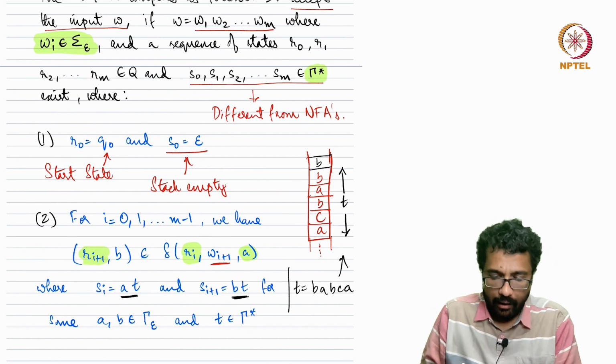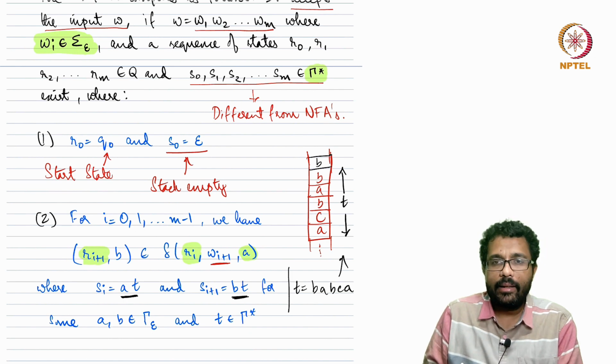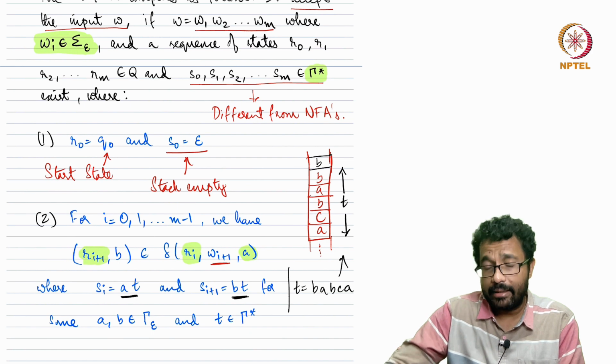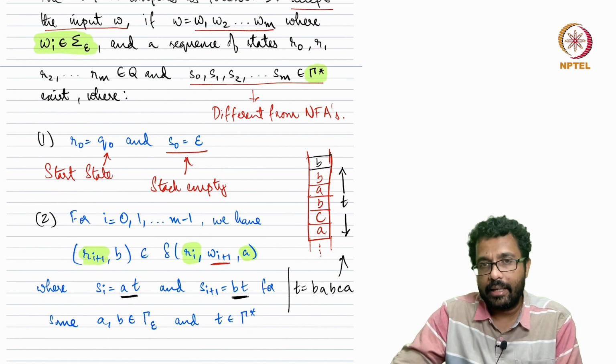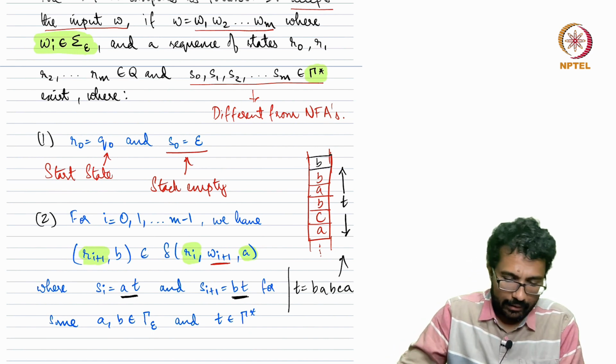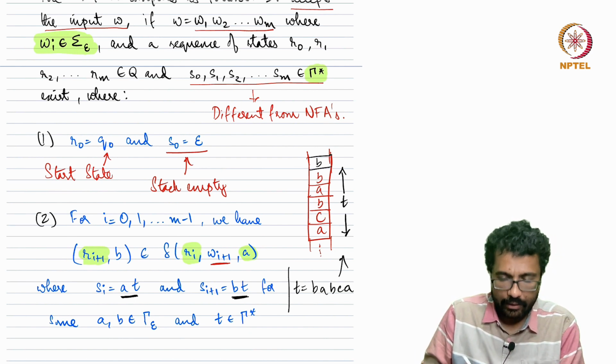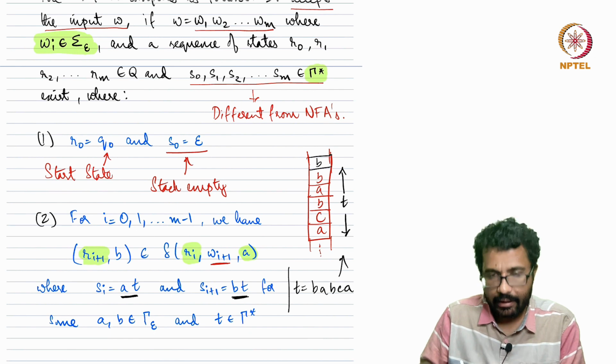Basically, if we have Ri, Wi plus 1 and A, which is the state, the next symbol of the input and the top symbol of the stack, then the successor state Ri plus 1 and B should be such that it is part of the transition rule.